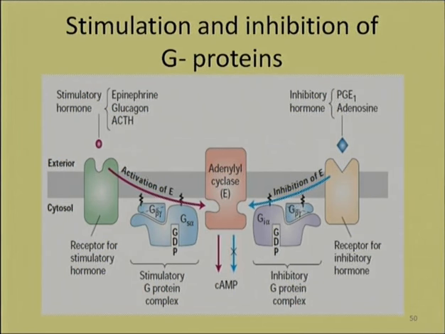In some cases, it may involve adenylyl cyclase. In some cases, it may involve guanylyl cyclase. In some cases, it may involve phospholipase C. So it is the same GPCR, but it can employ a variety of effectors, thereby a variety of secondary messengers in a variety of cases.